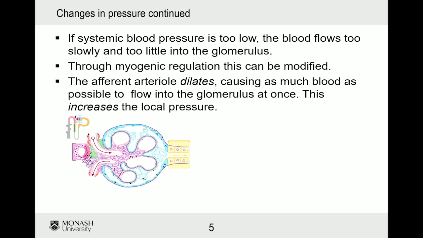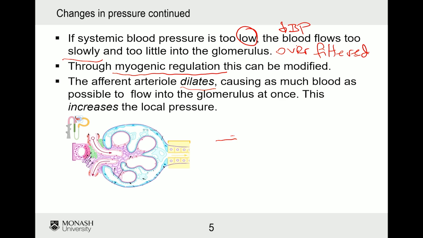If the systemic blood pressure is too low now, so we've got a low BP, the blood flows too slowly and too little into the glomerulus. If it's too slow, it will be over-filtered, and will remove too many substances and too much water from the blood. But then myogenic regulation comes into effect again, and the arteriole dilates.